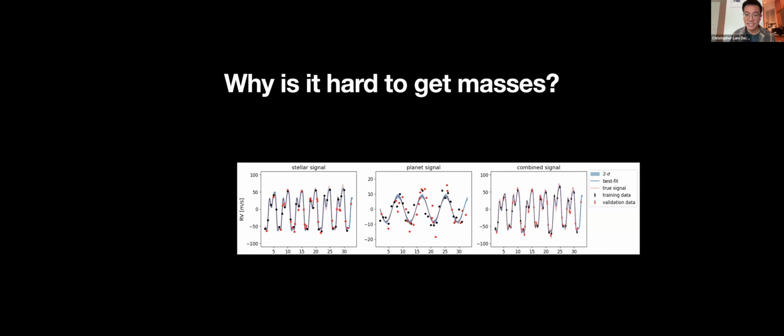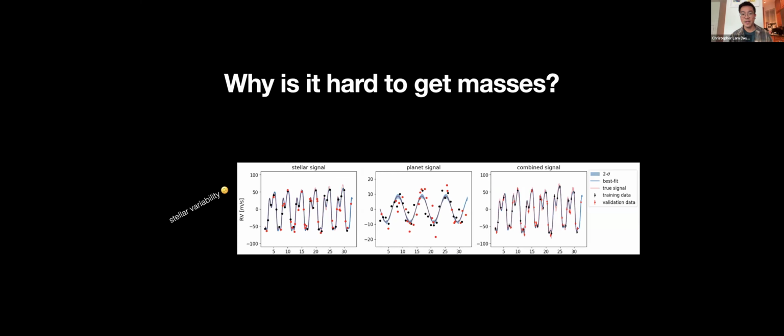So why is it hard to get masses? In two words, stellar variability. This is an example, a simulated light curve or RV time series for AU B, and not every star is going to be like this canonical noisy star. But to illustrate this, you've got your stellar signal with an amplitude of like 50 meters per second.